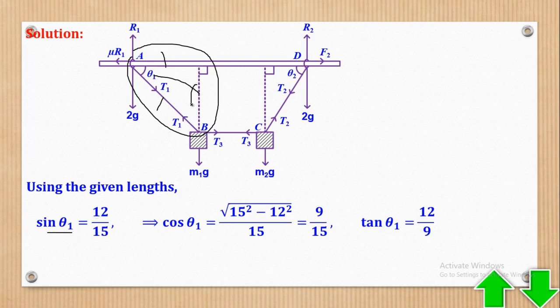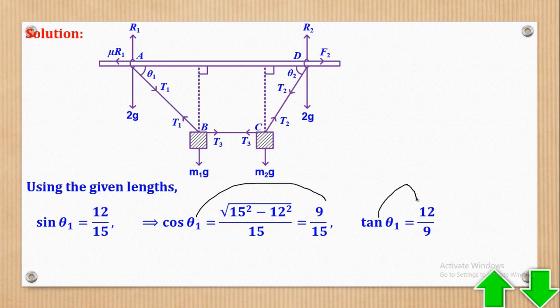We are given this as 12 and this as 15. Therefore sine θ1 is 12 over 15. Now from Pythagoras theorem I can get the adjacent, which is the square root of 15 squared minus 12 squared, which is 9. So that means cos θ1 is equal to 9 over 15 and tan θ1 is 12 over 9.